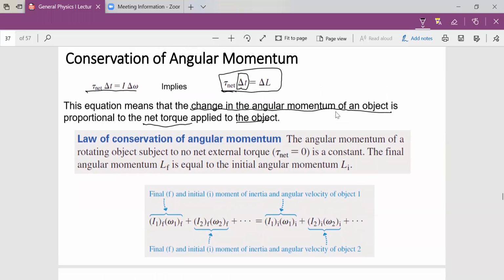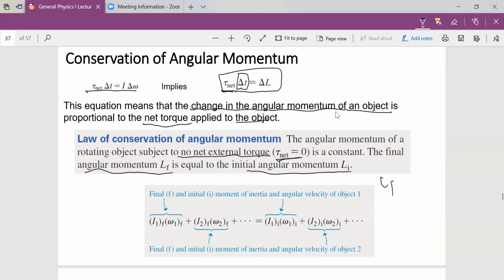So the statement captures the conservation of angular momentum as: the angular momentum of a rotating object subject to no external torque, that is when the external torque is zero, the final angular momentum, which is your L final, is going to be equal to your initial angular momentum.